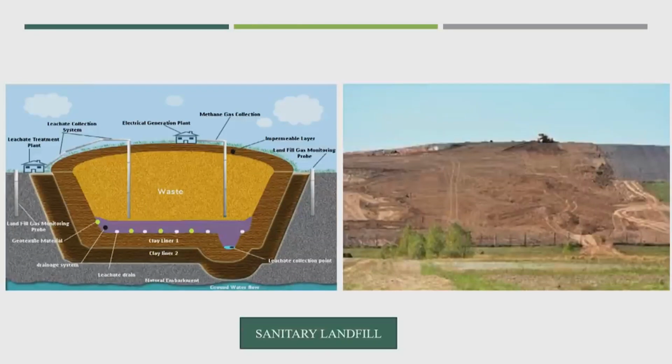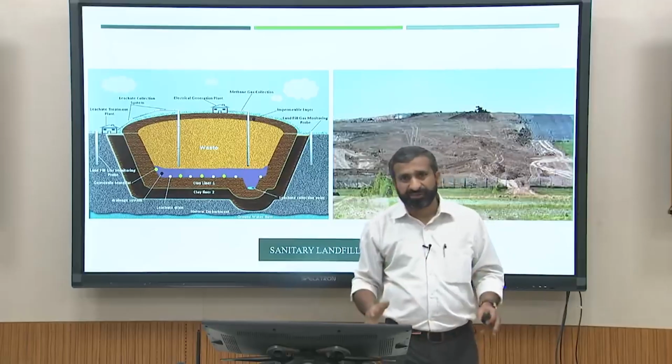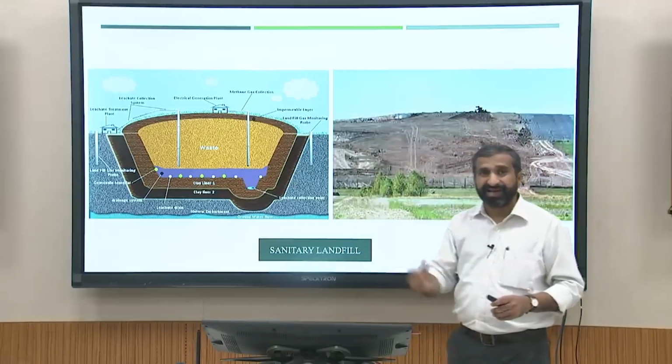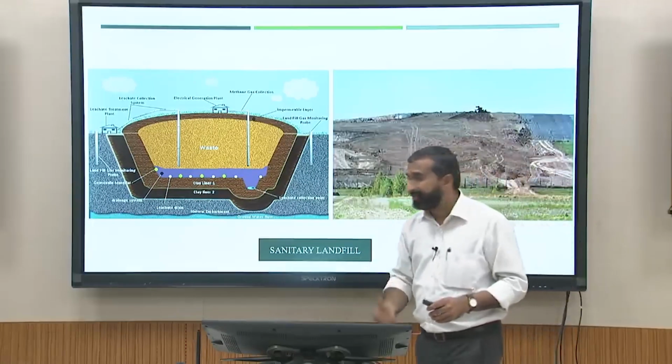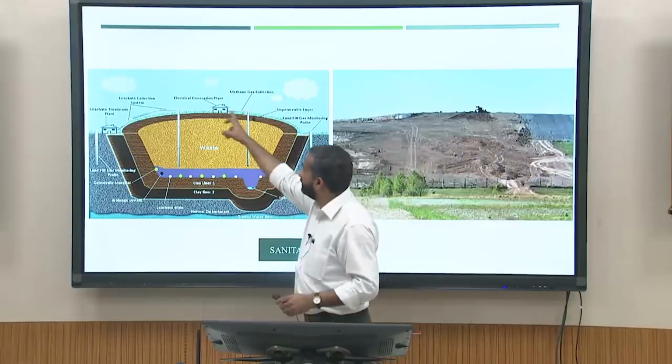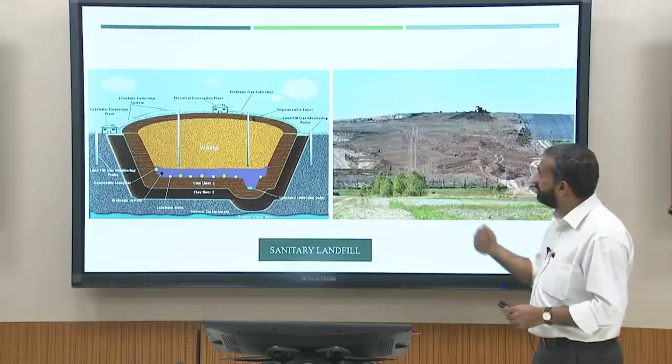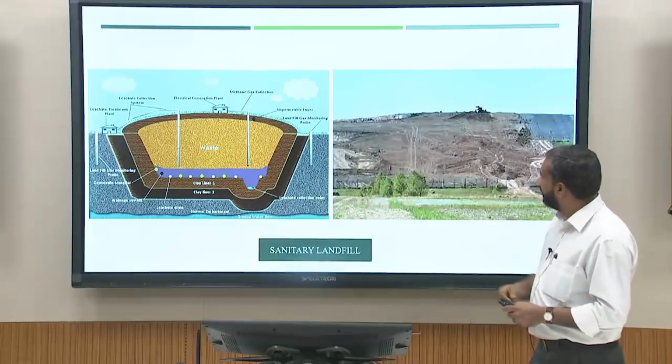That is one good facility. And for whatever gas is produced, it is majorly because the entire waste is under anaerobic conditions. Under anaerobic conditions the major gases are carbon dioxide and methane. This methane can also be used to produce electricity or power from a sanitary landfill.